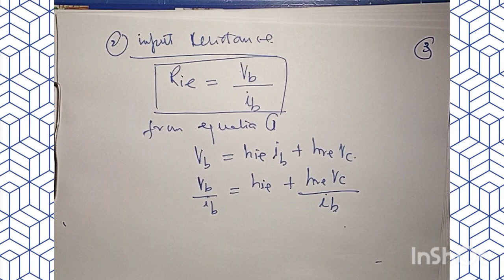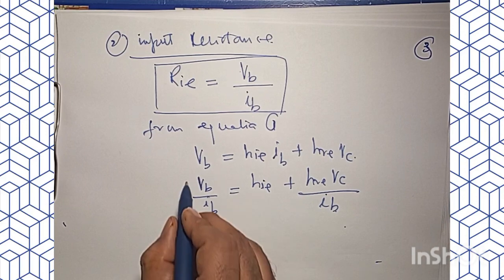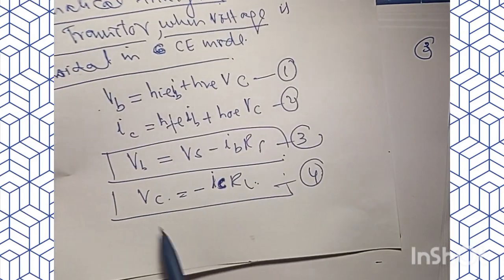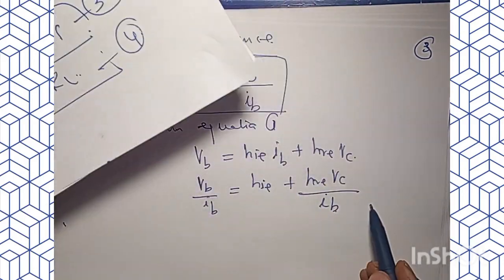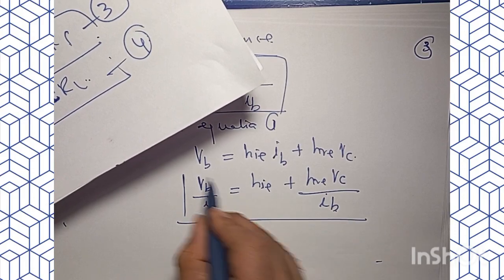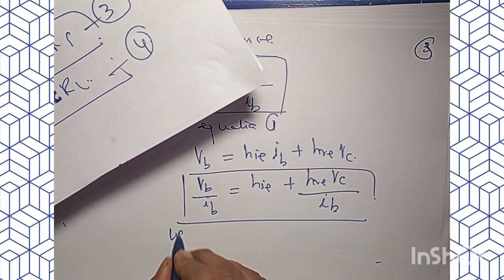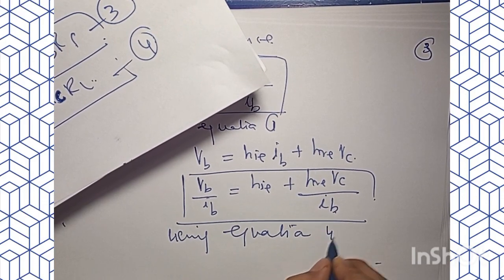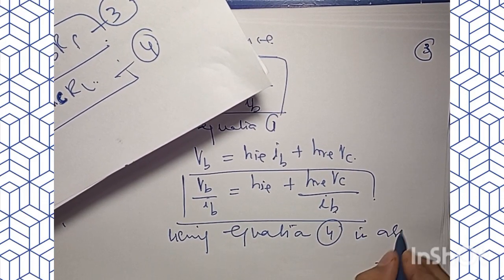Now let me use equation 4 for VC here. I have this equation 4 here, I will use this. So here I should write, using equation 4 in the above.